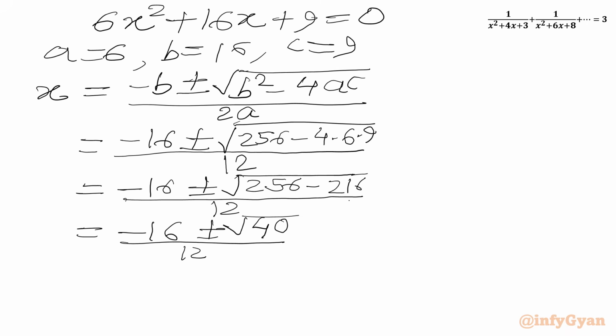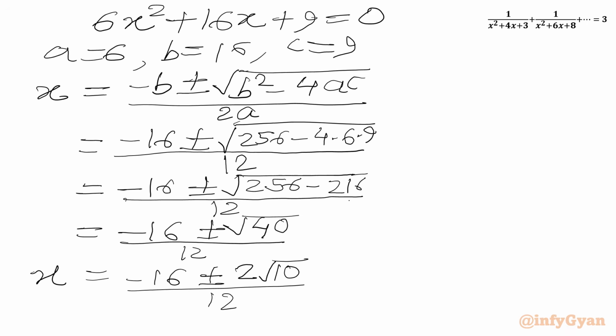Now 40 is 10 times 4. So we can write minus 16 plus minus 2 square root 10 over 12. Now numerator and denominator are divisible by 2. So we are going to write our final answer, minus 8 plus minus square root of 10 over 6.